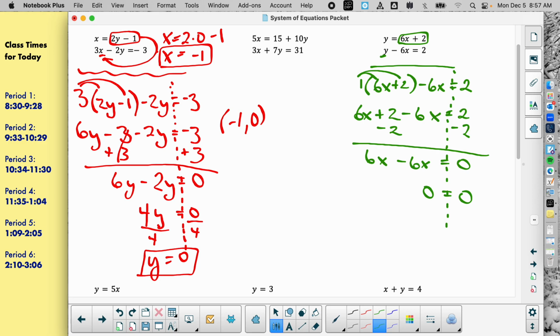So then we get to this point, and it all seems like it went badly, which is sort of true. This, however, still tells us an answer. It's not no solution. Because I'm assuming some of you thought this was no solution. If I graphed both of these lines, y equals 6x plus 2 would be up 2, and then a slope of 6, which is way up there, so super steep.